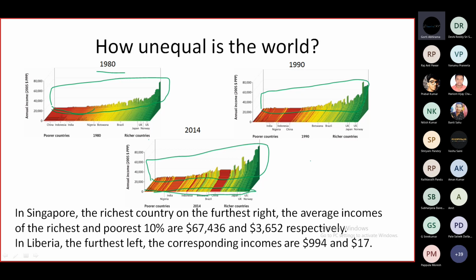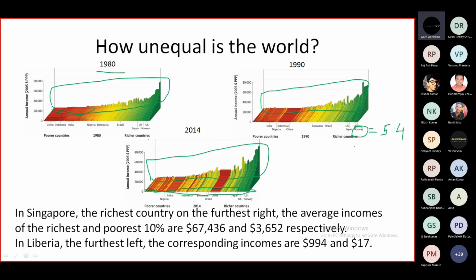For example, for Norway, the 90/10 ratio is 5.4. What it implies is, on average, the richest 10% of the Norwegian population have an income 5.4 times that of the poorest 10% of the Norwegian population.